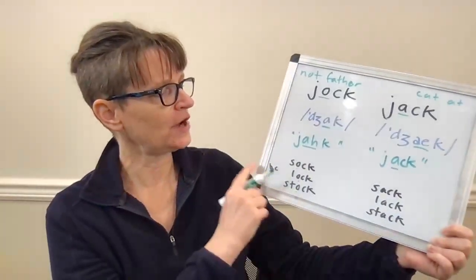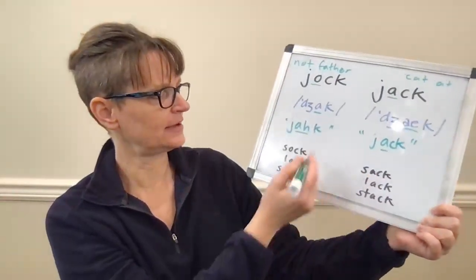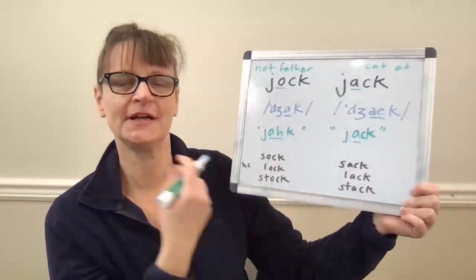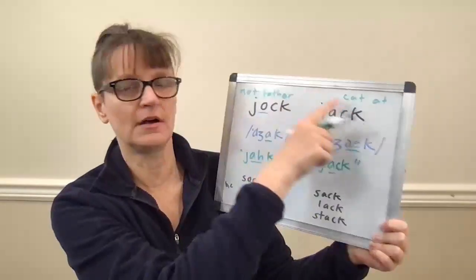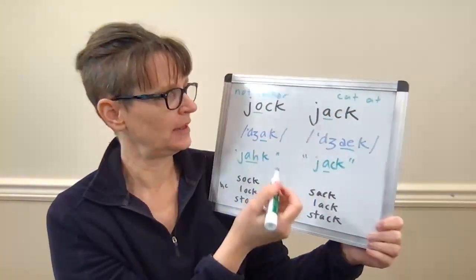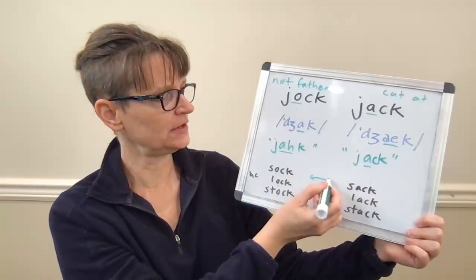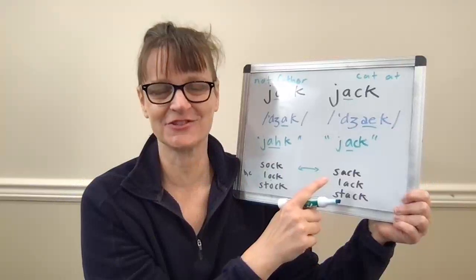Then if I'm trying to make a comparison between jock and jack, or sock and sack, stock and stack, clock and clack, etc., I might find it helpful to compare the anchor words. For example, it's hard for many people to hear the difference or make the difference between sock and sack because the other sounds are similar.